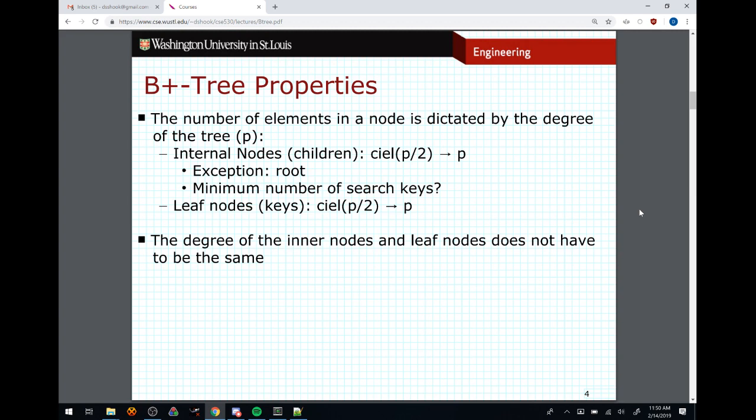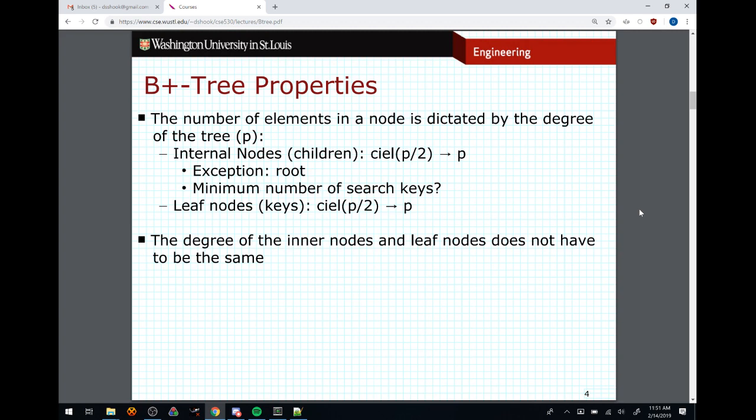For internal nodes, there is a maximum number of children that we can have. That's the same as the fanout. But the question here is, what's the minimum number of children that we're going to allow an internal node to have? What's the smallest number of children that we're going to allow an internal node to have? And traditionally, and for our examples, that's going to be fanout over 2.